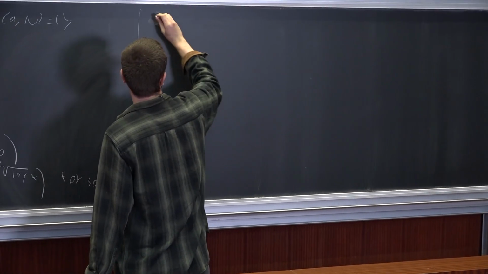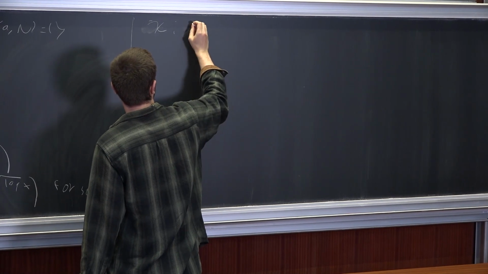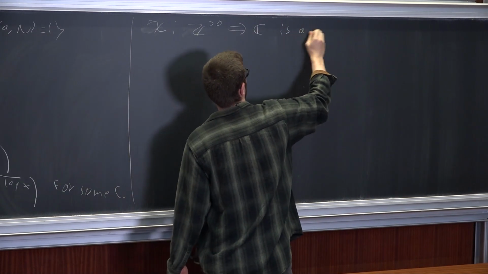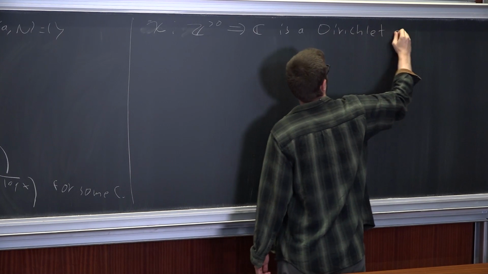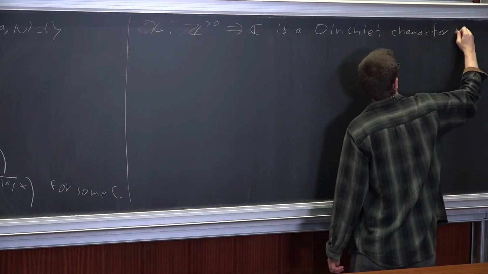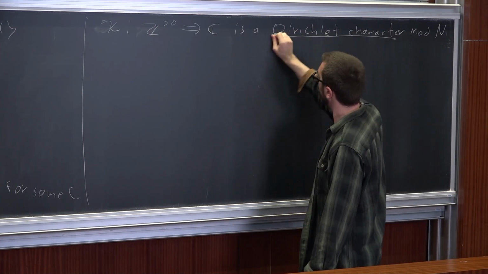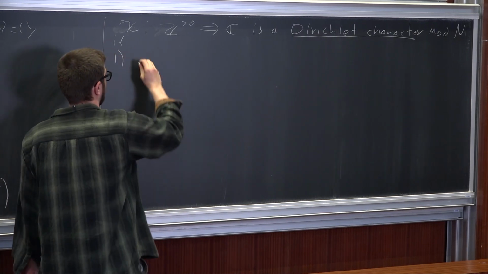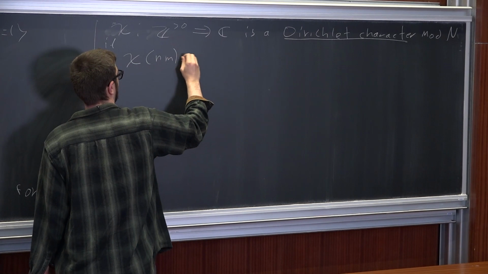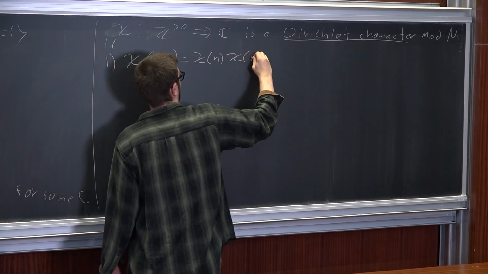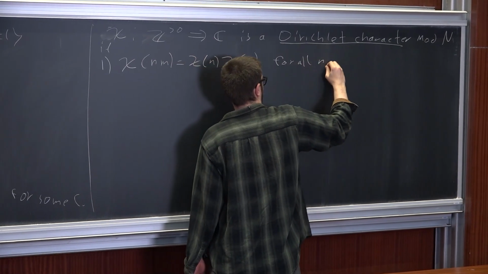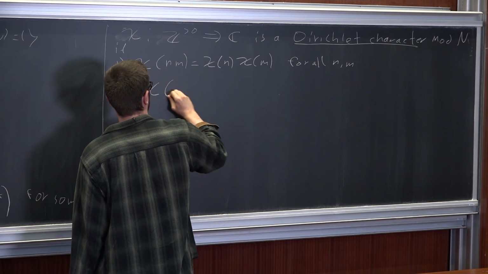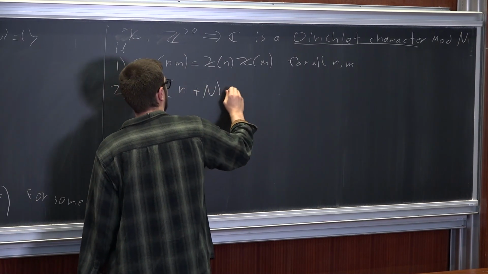A function chi from the positive integers to the complex numbers is a Dirichlet character mod n if: 1, we have chi of nm equals chi of n chi of m for all n, m. 2, chi of n plus capital N is equal to chi of n.